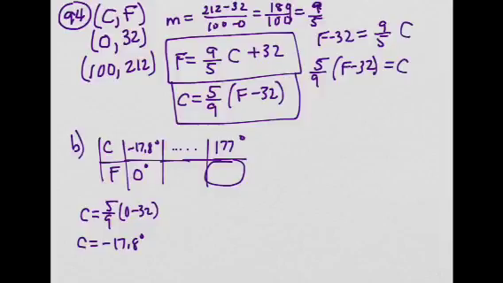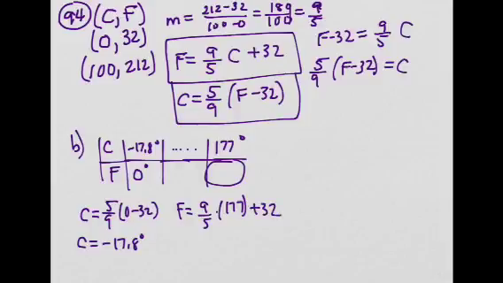So I'm going to use for that one, since I know Celsius and I need Fahrenheit, this equation right here. Okay, so F equals 9 over 5 times 177 plus 32.